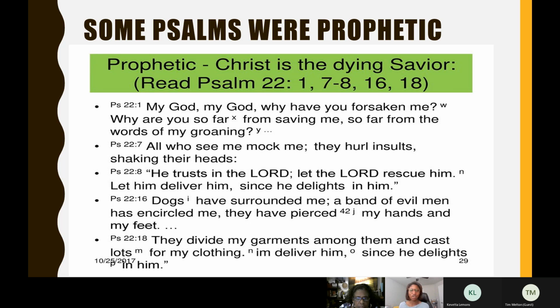I know we're moving really fast. In Psalm 22, verse 1, it says, my God, why have you forsaken me? Why are you so far from saving me? So far from the words of my groaning.